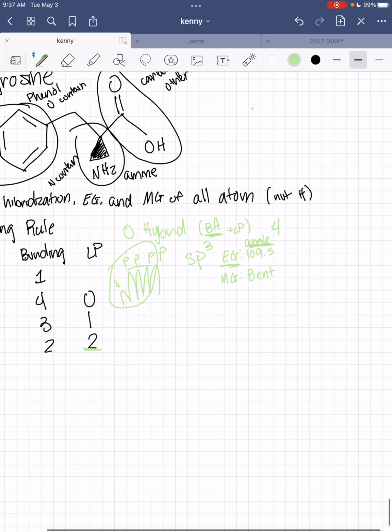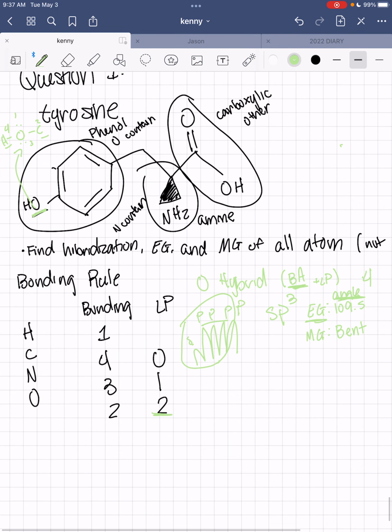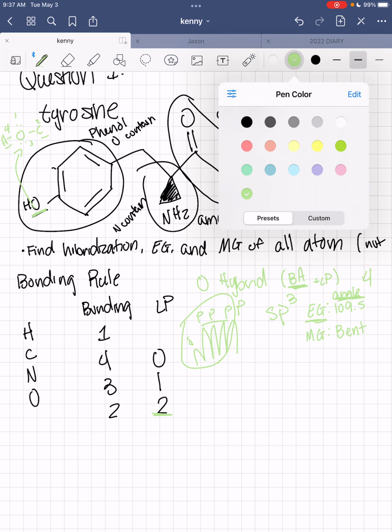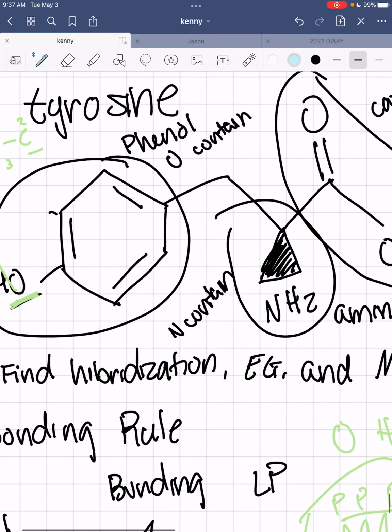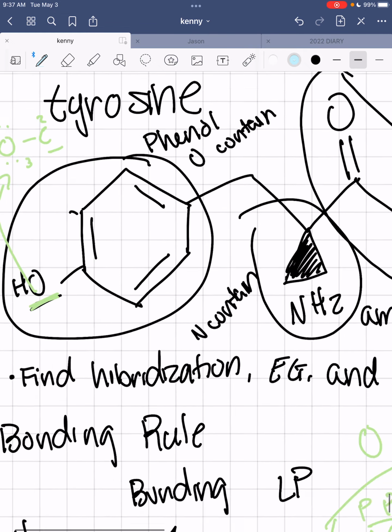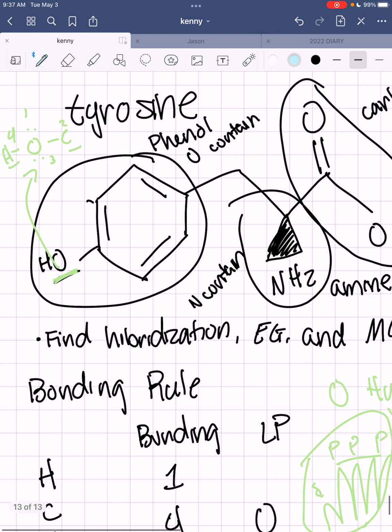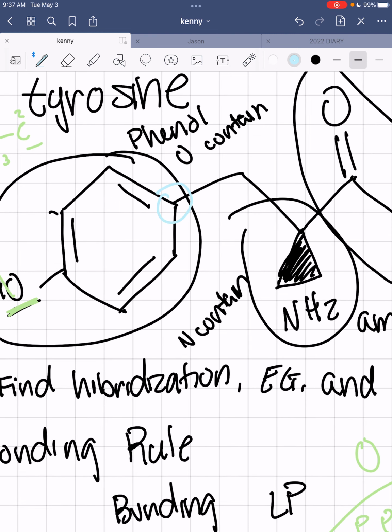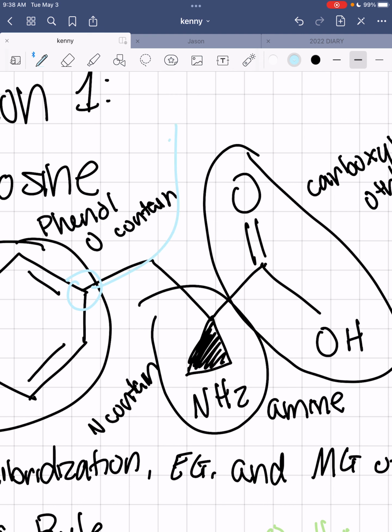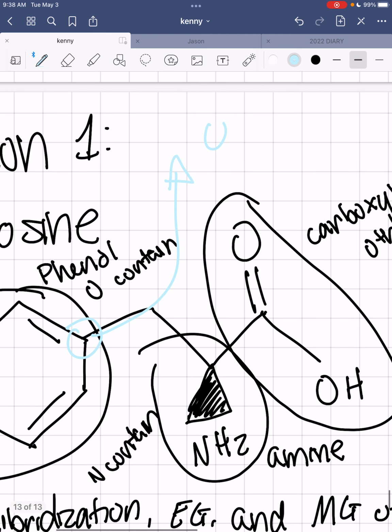So you just repeat this process for the rest of the atoms. Let's go through all the key ones. With practice, you should be able to get it pretty fast. Let's go over this oxygen right here, and let's draw it out. There's a double bond here. Oh, not oxygen, sorry if I mix up, it's carbon.